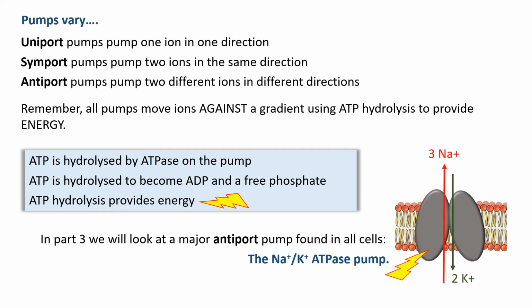In part 3, if you remember, when we looked at the functions of plasma membrane proteins, we talked about resting membrane potential, its generation and maintenance. So in part 3, we will look at this major antiport pump, the sodium potassium ATPase pump, which maintains or restores resting membrane potential.